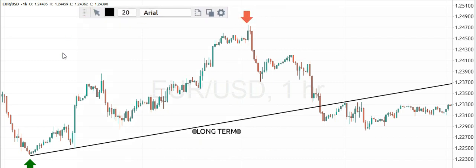Then you will draw another trend line starting at the first candle that you touched when you drew your long-term trend line. In this case, we will start right at this candle here. Keep in mind, we're going to do the same thing. This is now the low point, the lowest point.